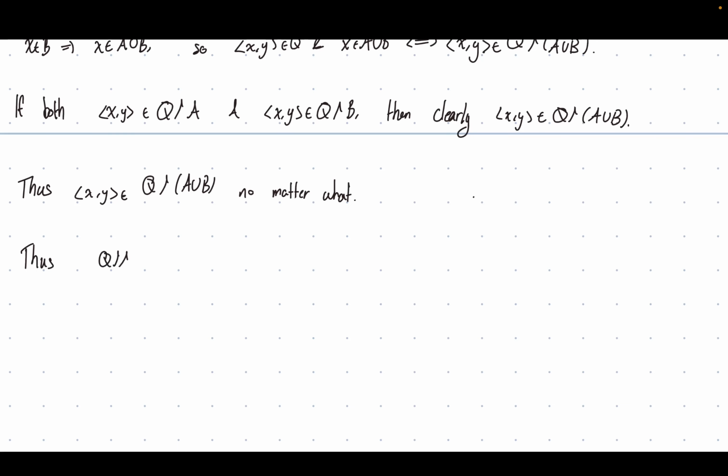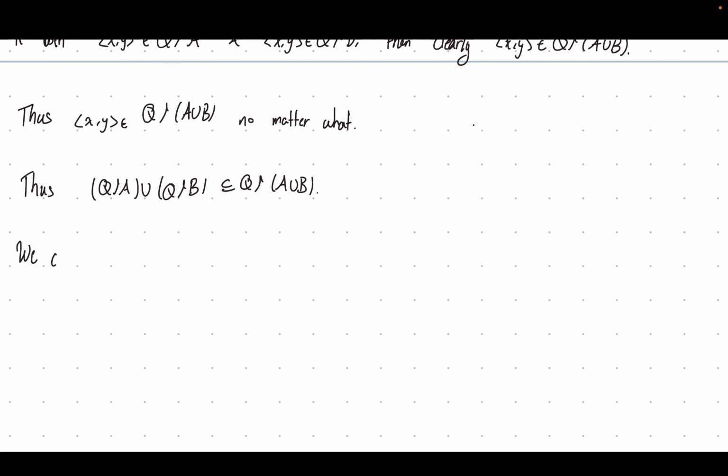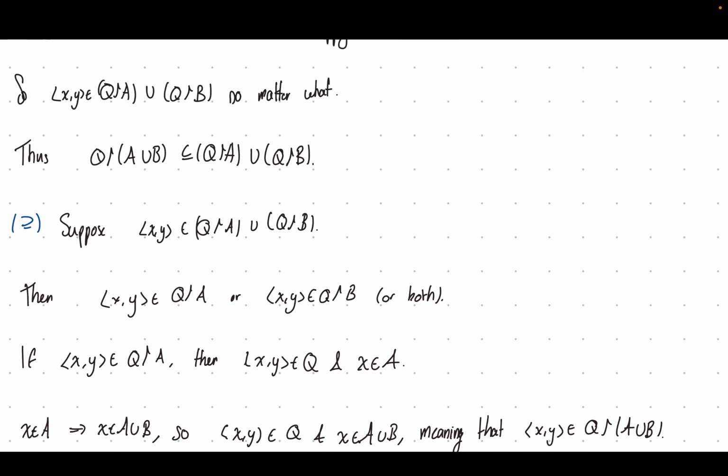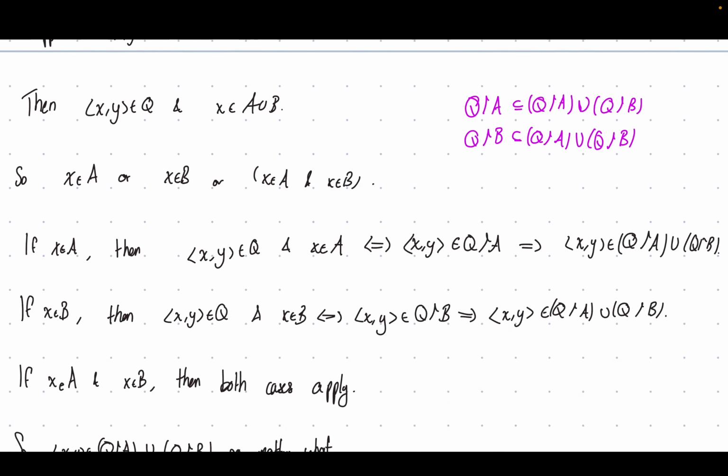Thus, Q restricted to A union Q restricted to B must be a subset of Q restricted to A union B. And now we conclude that these two sets are actually the same set. And there you go. And that's all of this exercise for you.